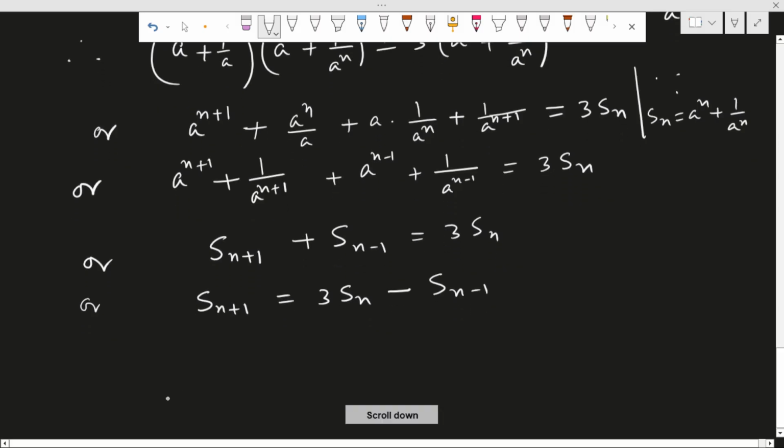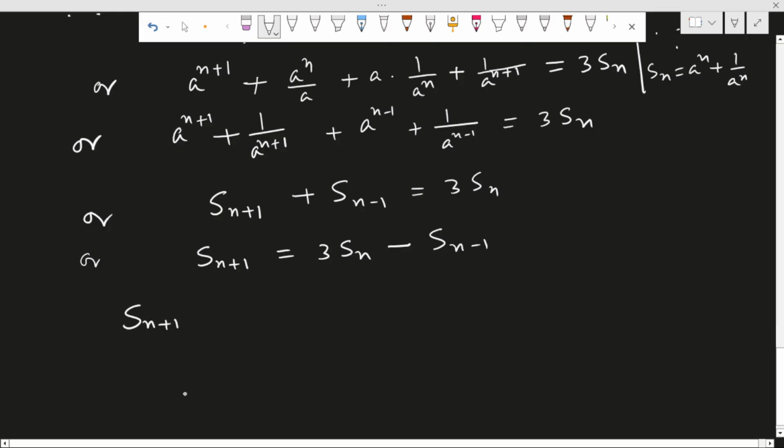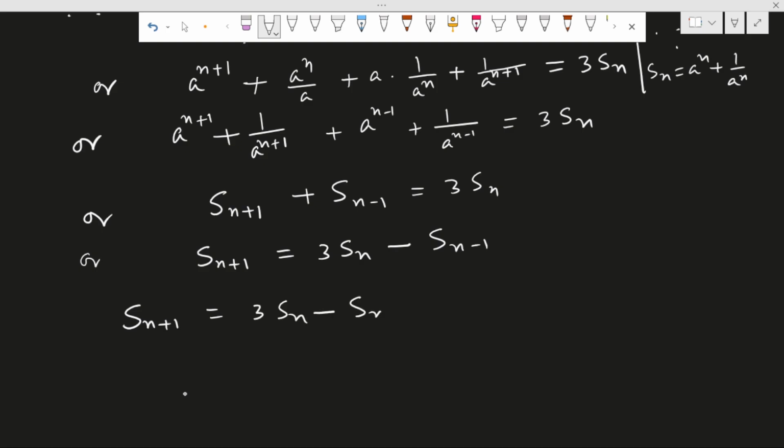So we have the recurring relation or recurring formula, that is S n plus 1 is equal to 3 Sn minus S n minus 1.